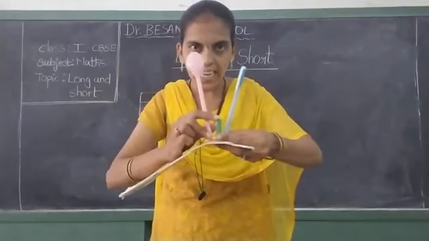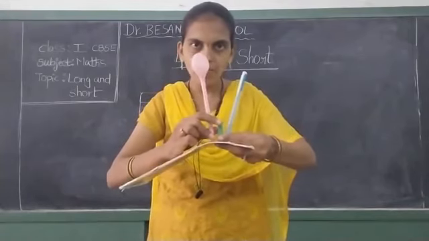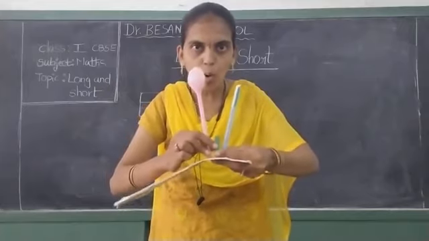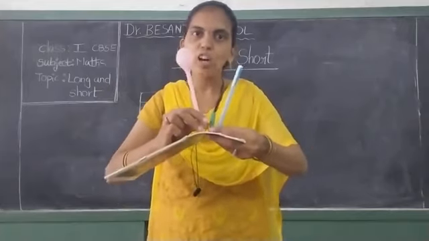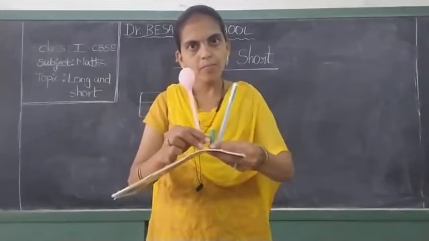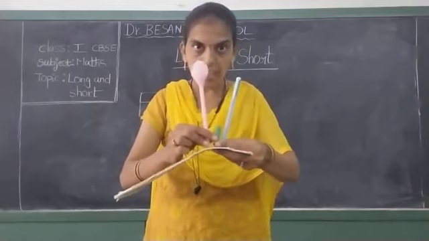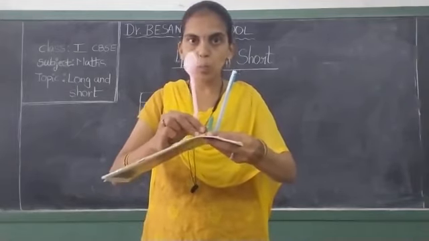This chalk piece is shorter than a pen or not? Say yes or no. Is the chalk piece shorter than the pen or not? Yes. And also observe, is this chalk piece shorter than this spoon or not?